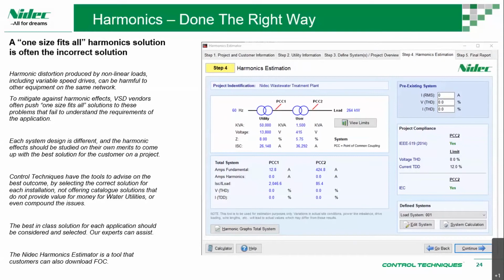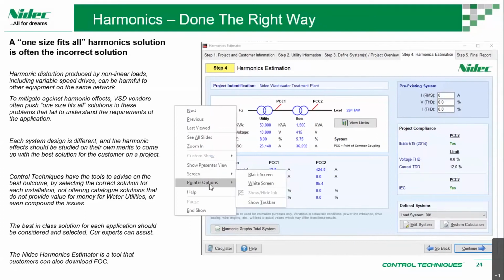So what we encourage our customers and the consultants we're dealing with to do is look at each application on its own merits. We have the tools to help with this. The outcome we really want is an optimized harmonic solution specific to each application in the water industry that makes sense and provides the best value. So harmonics is not a one-size-fits-all solution.